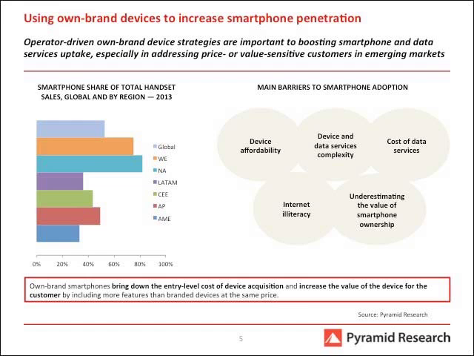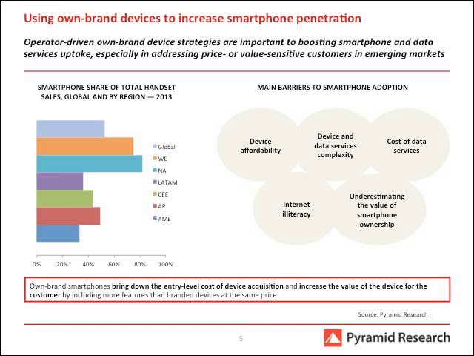So in this context, how do operators' own brand smartphones address these barriers? First of all, operators tend to launch own brand smartphones which are more affordable than the existing smartphones in the market. Secondly, with features, services, and apps that are relevant to their customers.